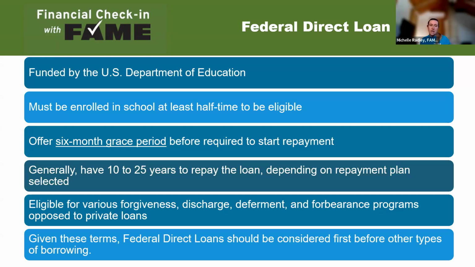There are also other benefits such as forgiveness, deferment, and even forbearance programs that wouldn't be available for private lending. Based on all these benefits, we usually suggest that people look at federal loans and consider them before other types of borrowing.